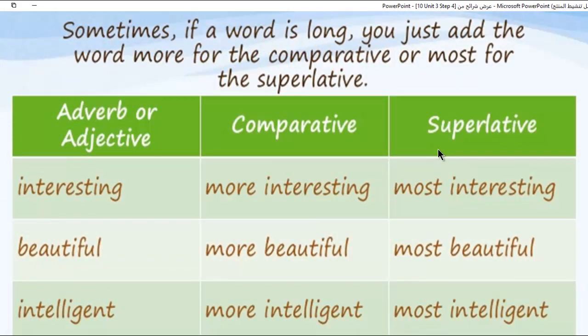But with long adjectives, you just add the word more for comparative or most for the superlative. For example, interesting, more interesting, the most interesting. Beautiful, more beautiful, the most beautiful. Intelligent, more intelligent, the most intelligent.